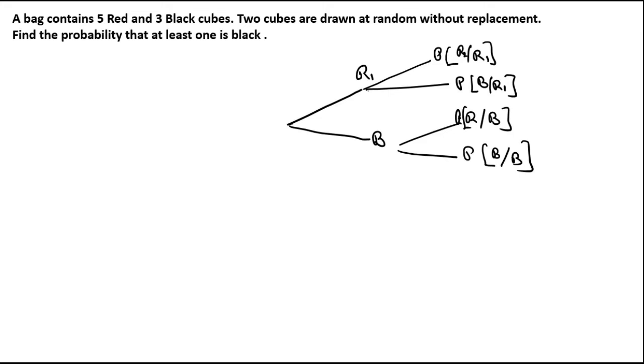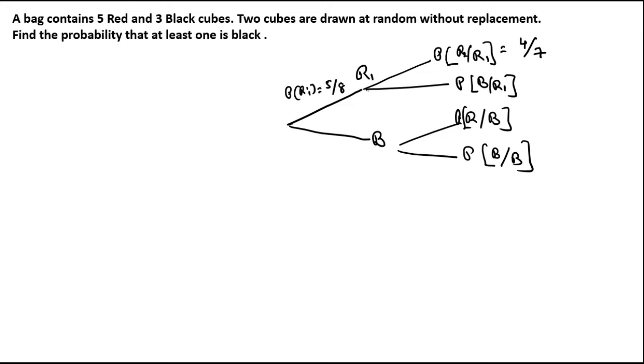So here, first red coming means probability of R1 is 5 by 8. First red has happened, then what is the probability of second also red? One red is already gone, so 4 red out of total cubes 7.